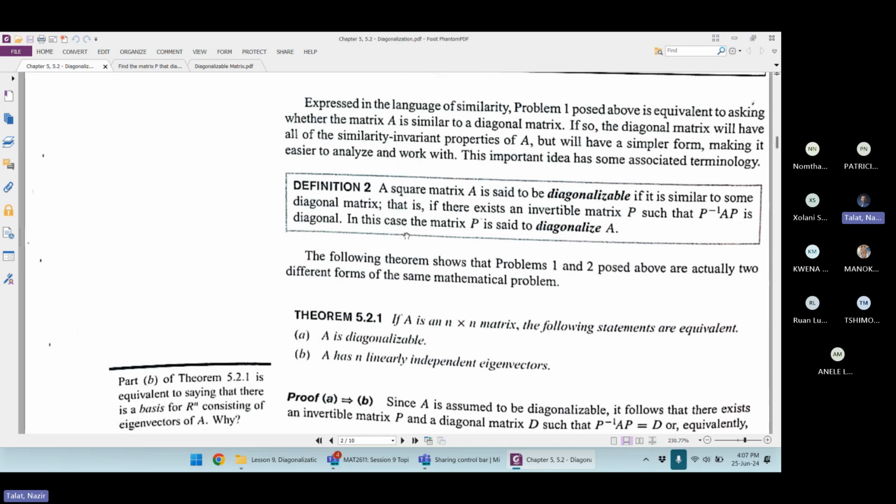So this is the definition of a diagonalizable matrix: that a matrix is diagonalizable if there exists a matrix P which is invertible and such that P inverse A P is a diagonal matrix. A diagonal matrix, say D, has only the diagonal entries. So in this way, we say the matrix P is said to diagonalize A.